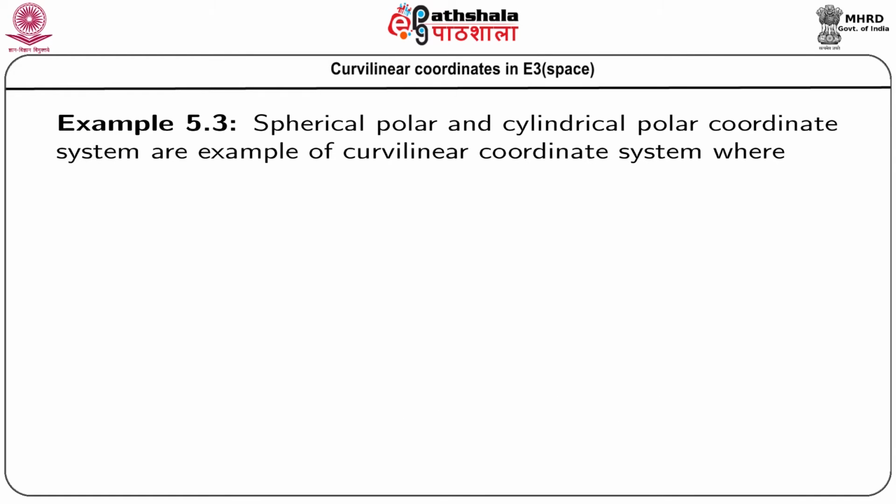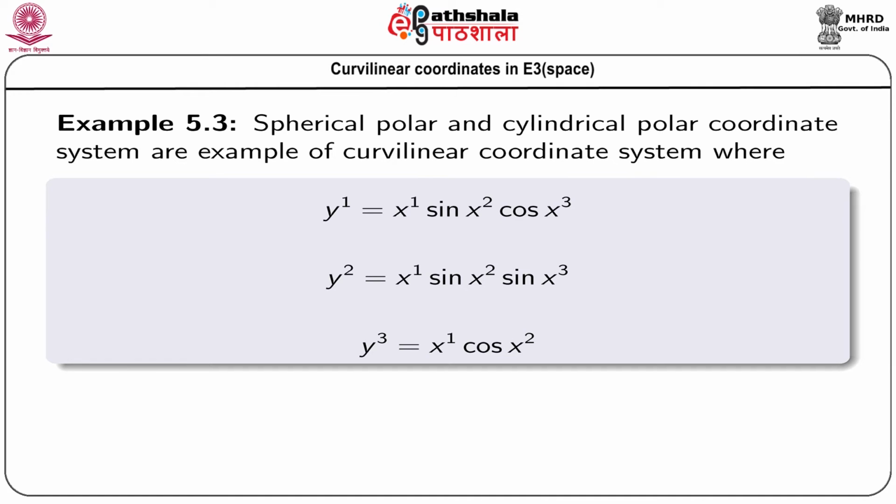Now, let us see two examples of this new type of system, that is curvilinear coordinate system: spherical polar and cylindrical polar coordinate system, where y1 equals x1 sin x2 cos x3, y2 equals x1 sin x2 sin x3 and y3 equals x1 cos x2.